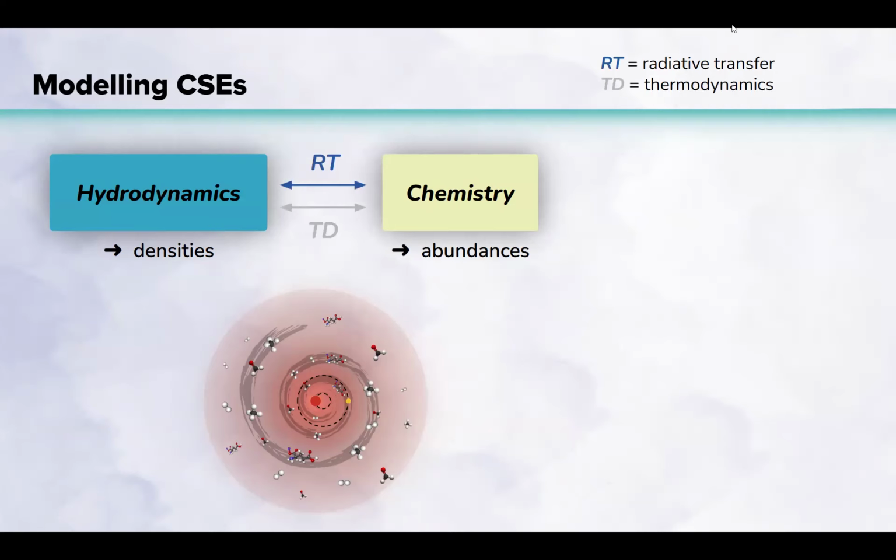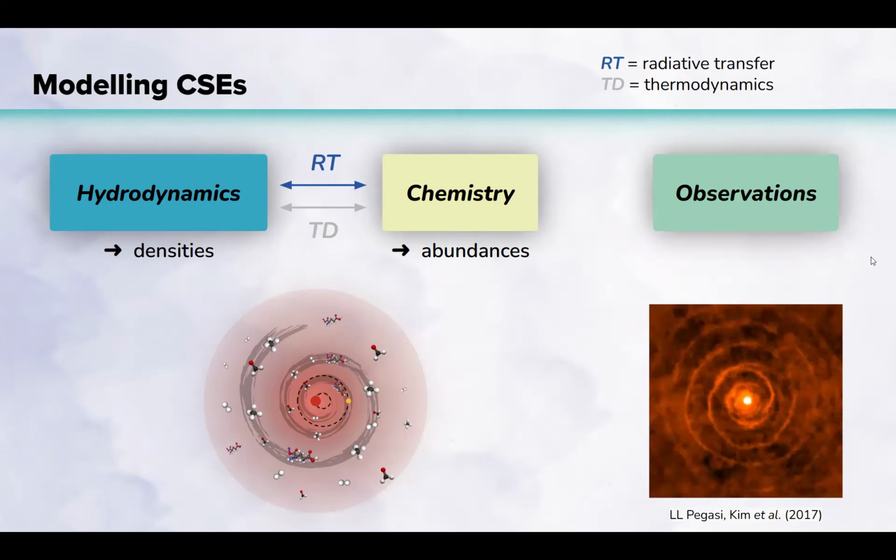For that, we need some radiative transfer and also some thermodynamics to have the connection. Now, if we want to mimic the observations, for example this observation of a spiral structure around an AGB star, we need to process how these abundances shine their light, so how they radiate.